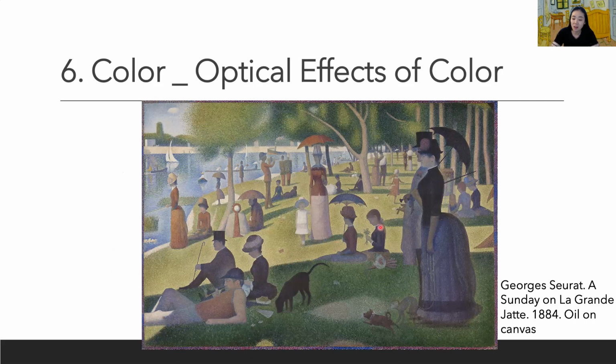All the colors in this painting are made by optical color mixture, which means the green color is made by a mixture of other colors. That technique is called pointillism. Georges Seurat developed this technique in the 19th century as a post-impressionist.